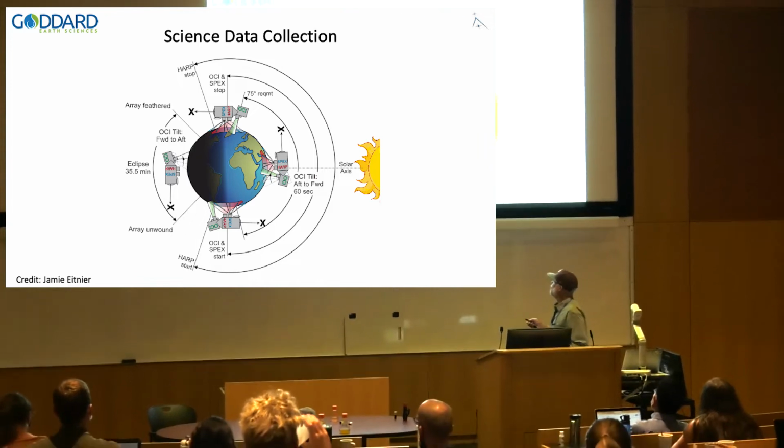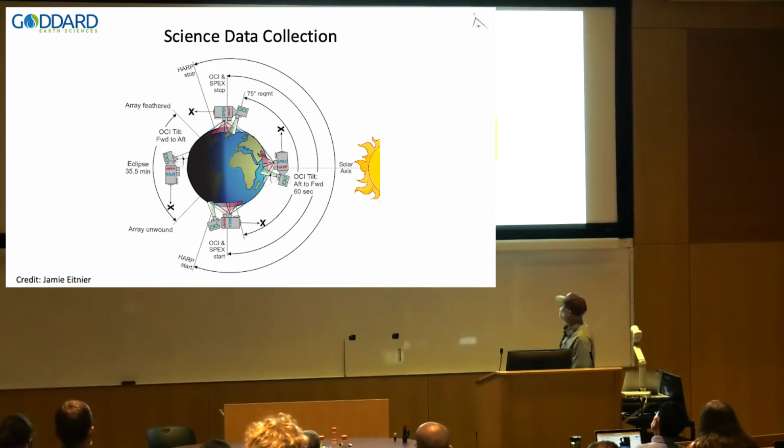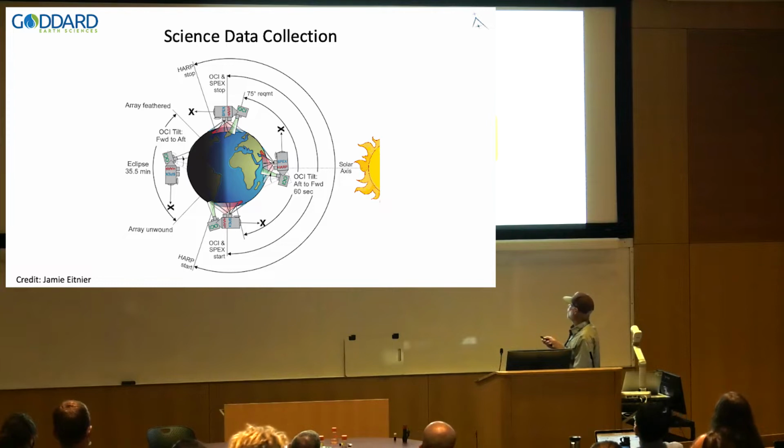So basically, this is the sun shining on the lit side of the Earth. The orbit is from south to north on the lit side. As the spacecraft comes over what we call the southern terminator crossing, we start collecting data.